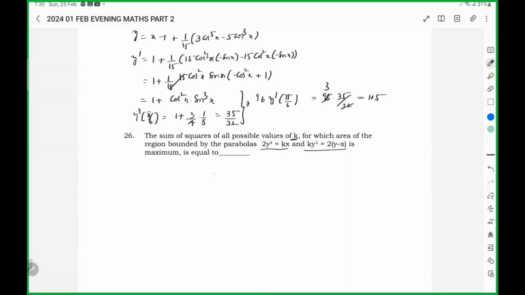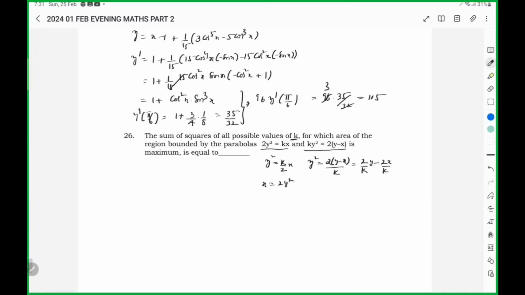So here you have two parabolas. Y square is 2 times, so it is 2 by k, y minus 2x by k.